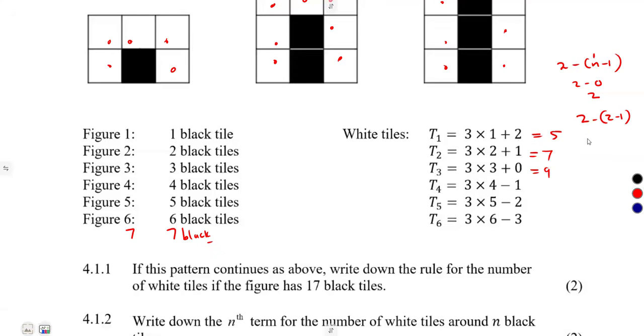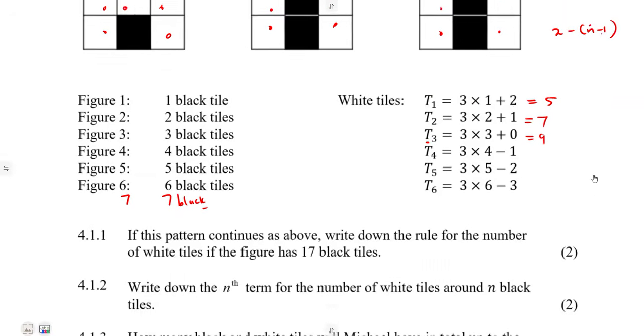So that's 2 minus 1. It's going to be 2 minus what? 1, which is 1. So for this one. For the third one, our n is going to be 3. So 3 minus 1, that's a 2. So 2 minus 2, that's what? That's a 0. So that's why you see a 0. So that's actually something that was happening there. It's something that you can study. All right. So anyways, let's see.